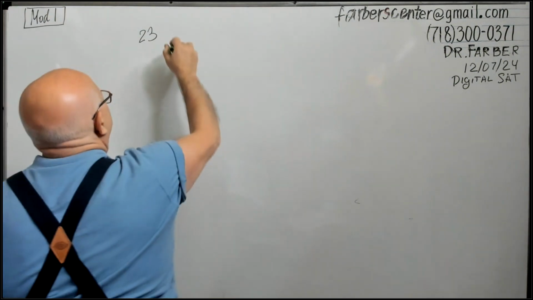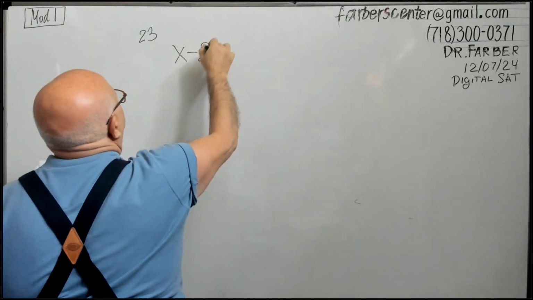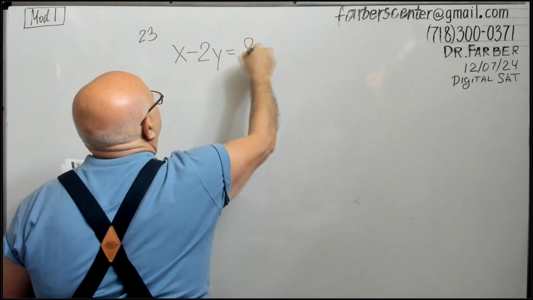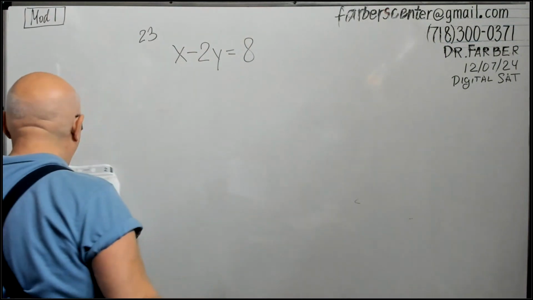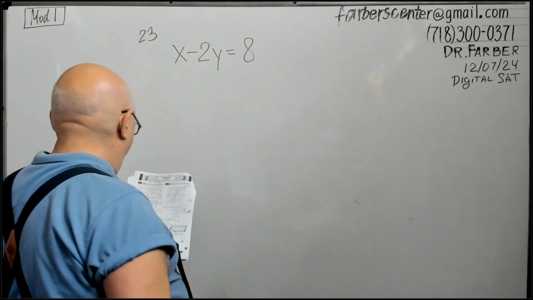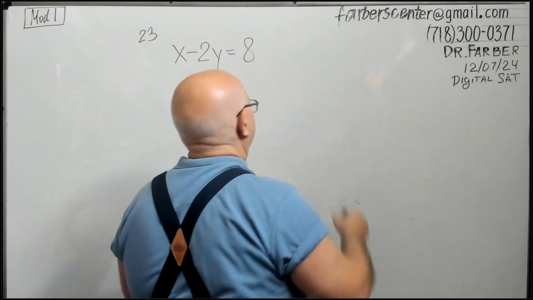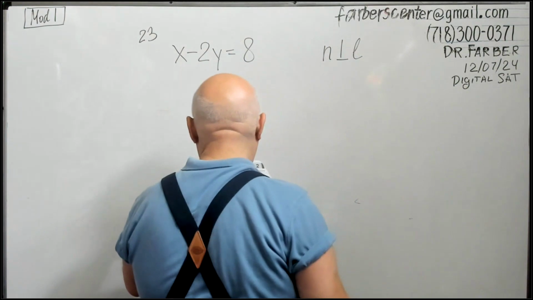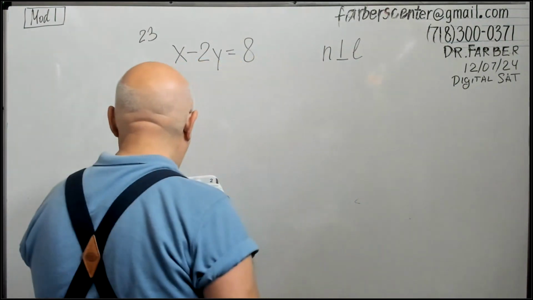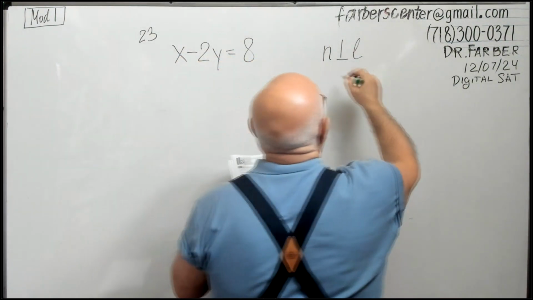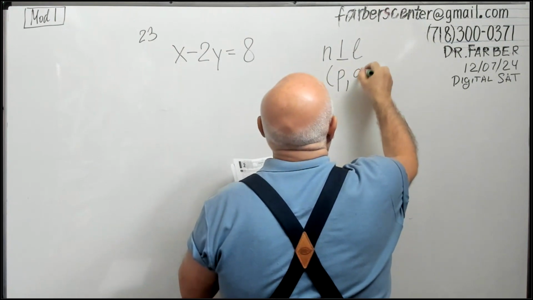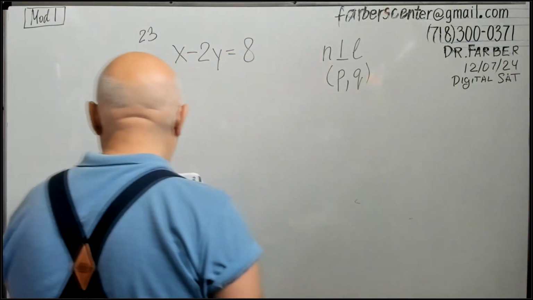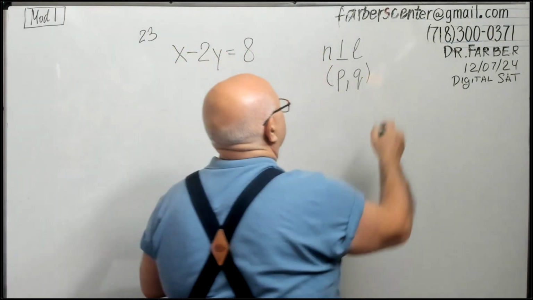You have x minus 2y equals 8. Line n is perpendicular to line L at point (P, Q) and passes through the origin.